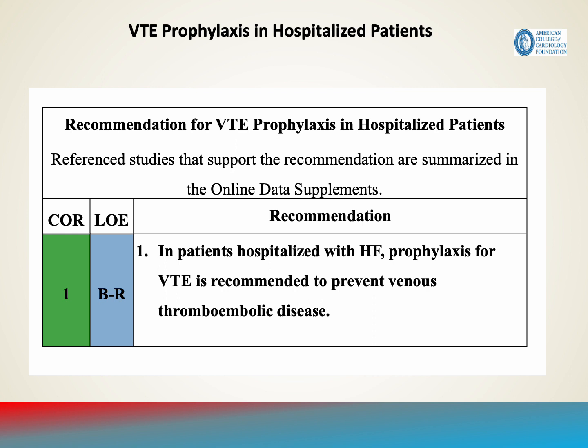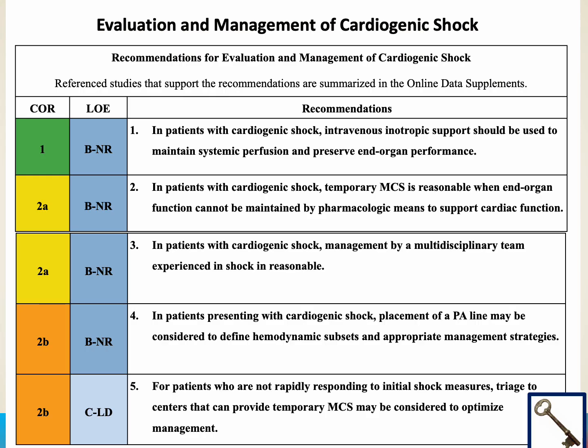They talk about VTE prophylaxis, which you're going to do in really any hospitalized patient, heart failure patients as well. They have recommendations for managing cardiogenic shock, for which we typically look at inotropic support in the short window of time, and otherwise it's pretty much managed by the cardiac surgery team for the most part.